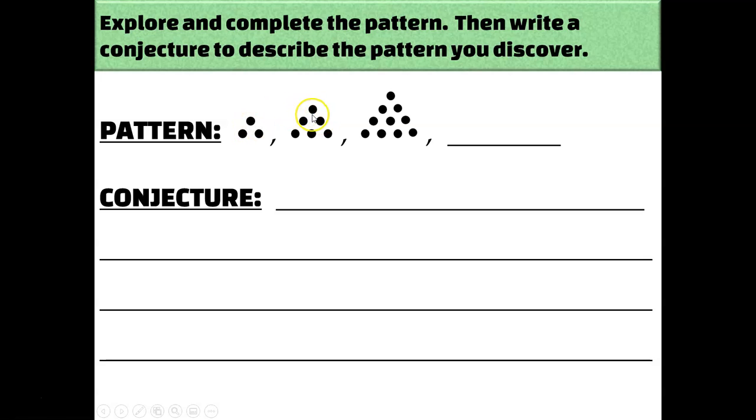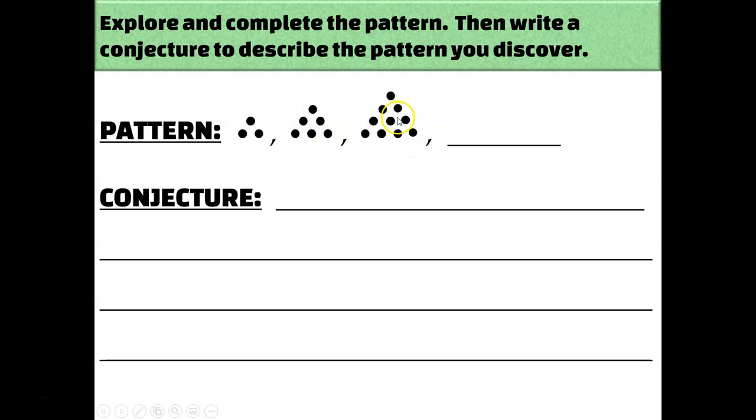So it's actually kind of like the first term, except I have an extra row on the bottom. And then the next term is 4 rows instead of just 3, and I start out with 4 dots on the bottom. And then 3 dots on the next row, 2 dots on the one after that, and then 1 on the top. So again, it's kind of like the previous term, just with an extra row underneath.